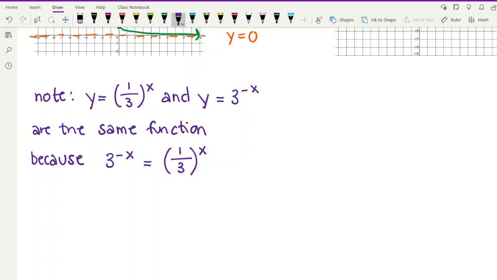So it's really just because of the properties of exponents that there are two ways of writing this function. So you'll see it written both ways. I think this is a slightly more common way of writing this function, but it can be written either way. So just be aware that with exponential functions, because of this fact, there's always going to be multiple ways of writing down the same function.